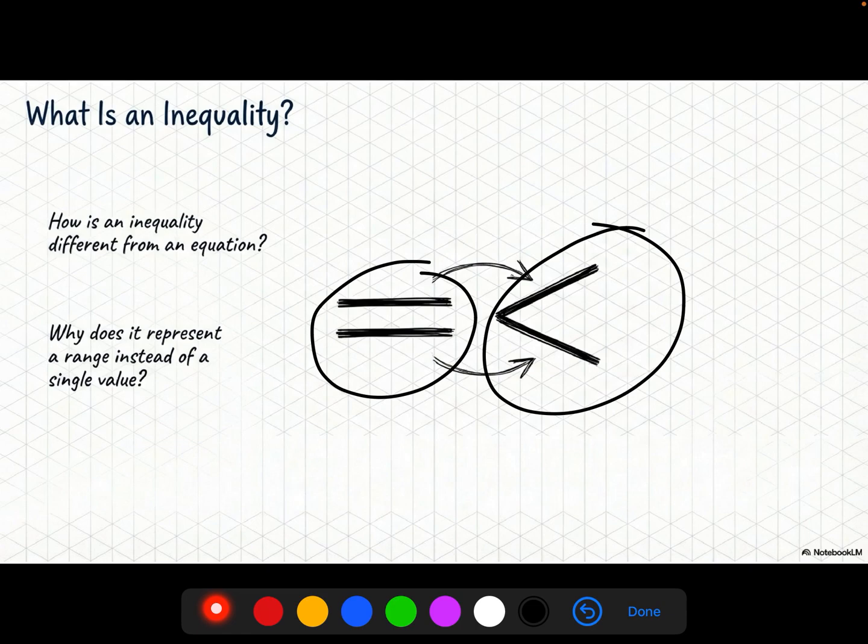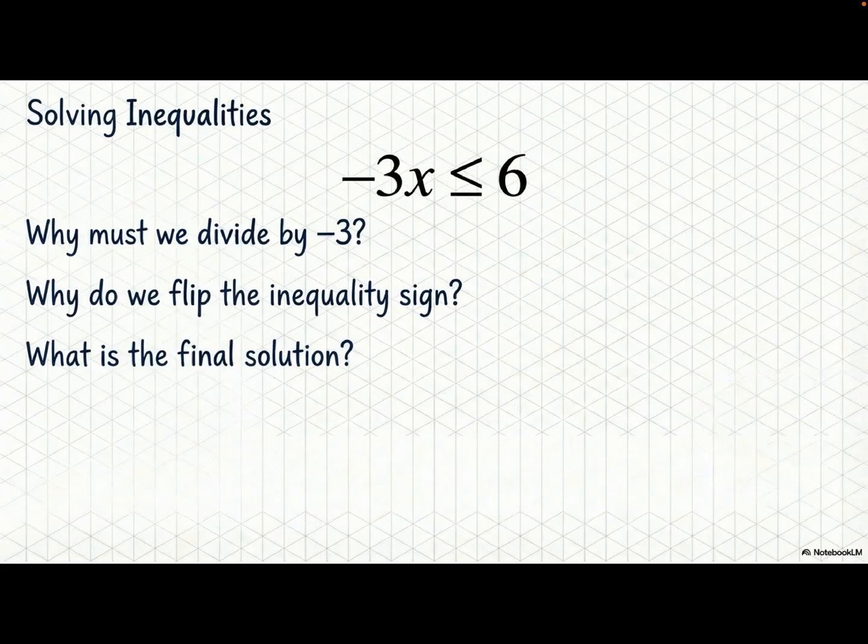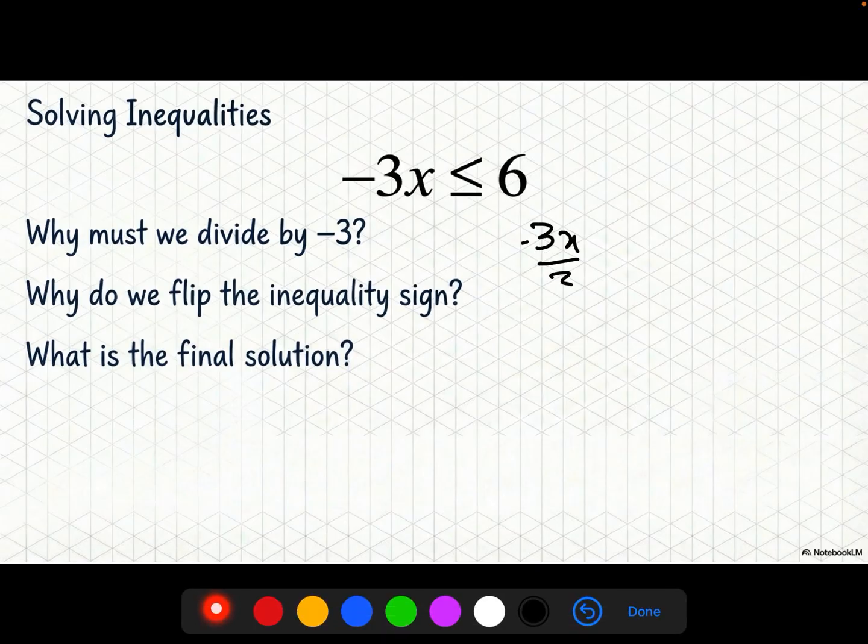Let's solve one question. Minus 3x is smaller or equal to 6. So we divide both sides by minus 3. But here's the special rule.